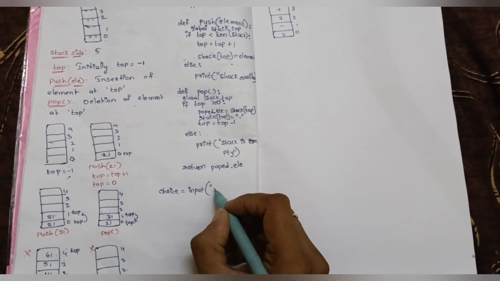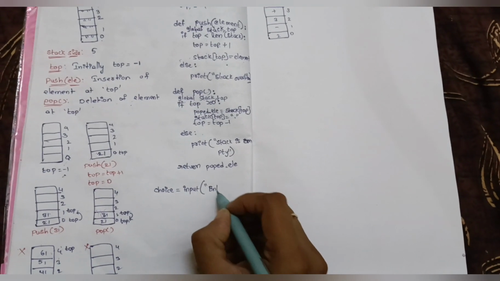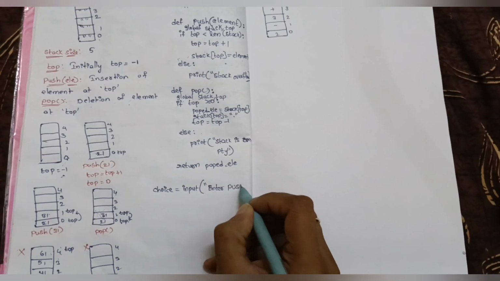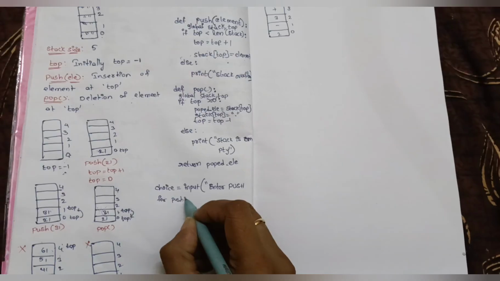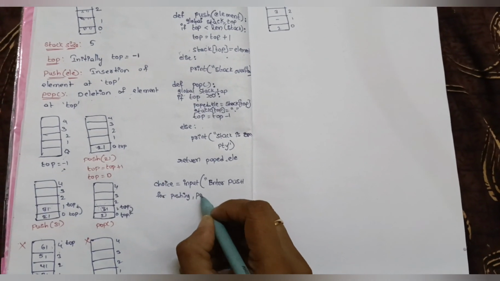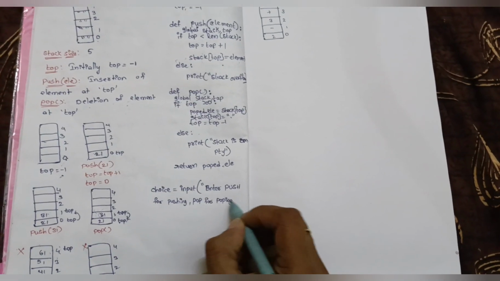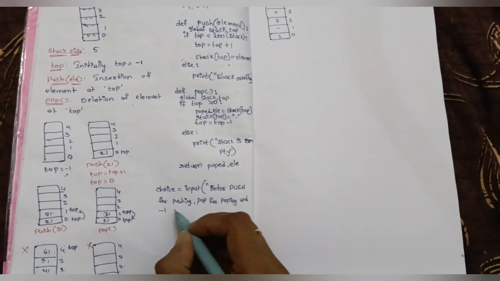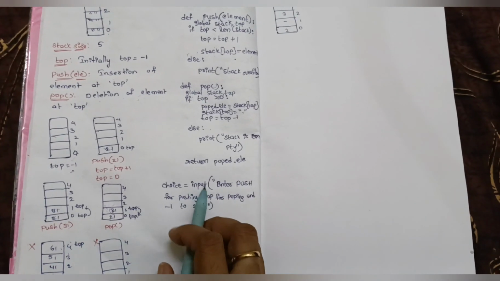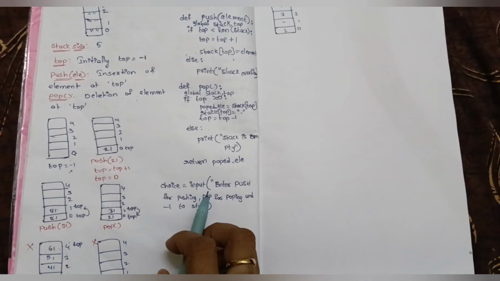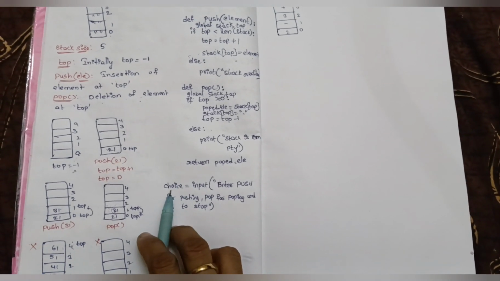I am stating: enter push for push operation, pop for pop operation, and -1 to stop. By looking at this prompt, the user will give one of these options, and I am taking that option into the choice variable.